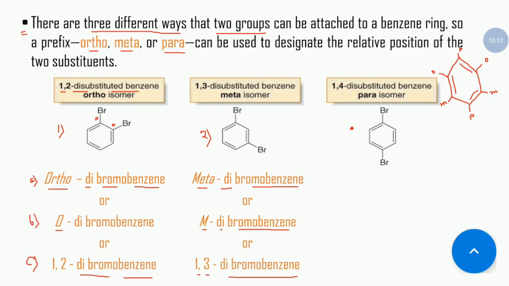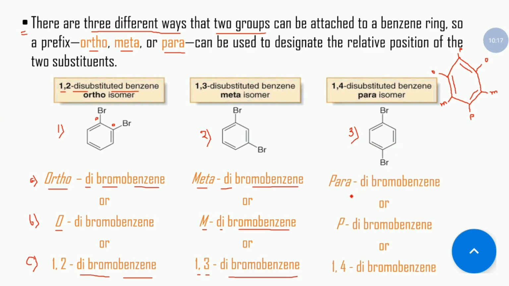Okay, now for the last compound, you can write para dibromobenzene. Here there is no other position, both are in para position, so it's para. There is no other option, so it's para dibromobenzene. You write p for para, dibromobenzene, or you write the numbering 1, 2, 3, 4, so it's 1,4-dibromobenzene. Okay, it's very easy.